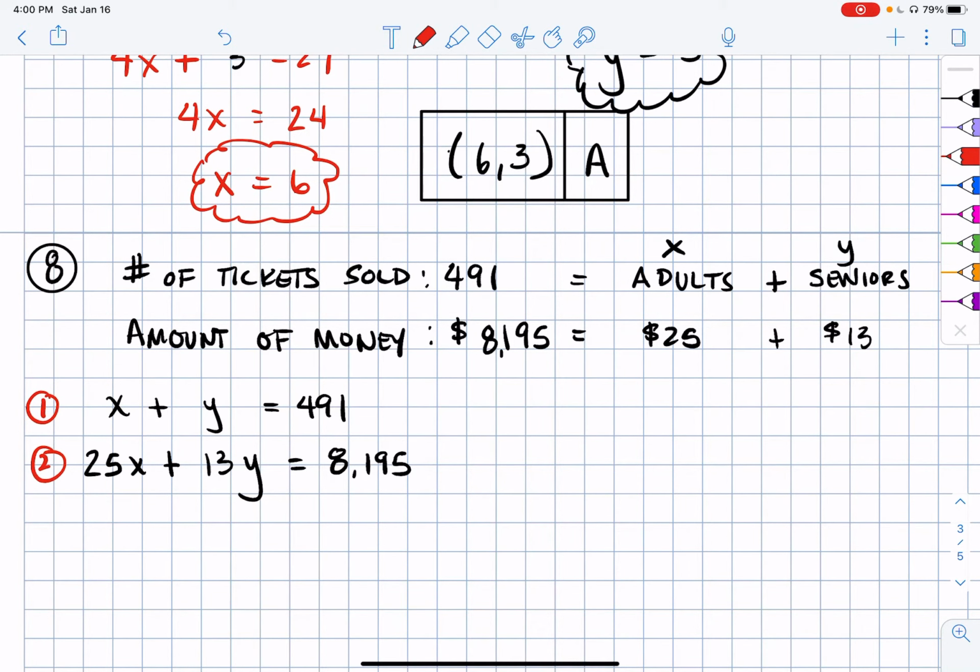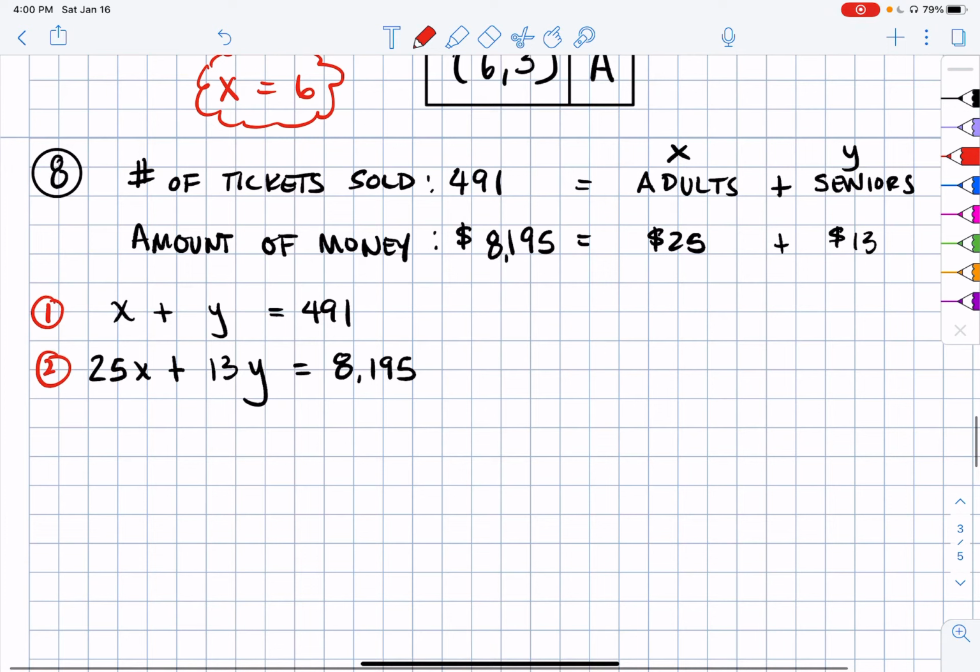You can choose if you want to do substitution or elimination. I'm going to do substitution, since I find that's going to be easier.